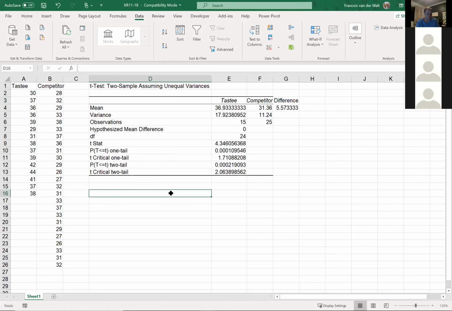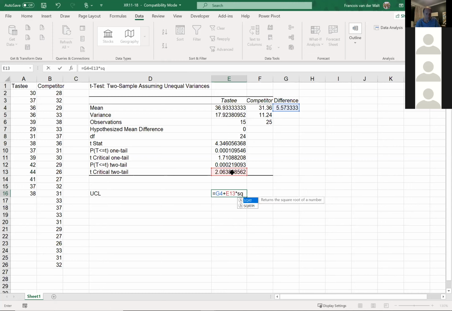My upper confidence limit equals the difference plus this one times the square root of this divided by this plus this divided by this.